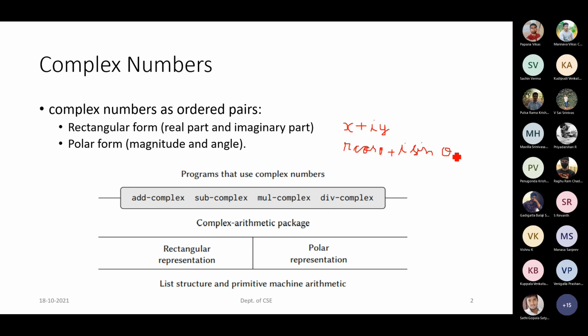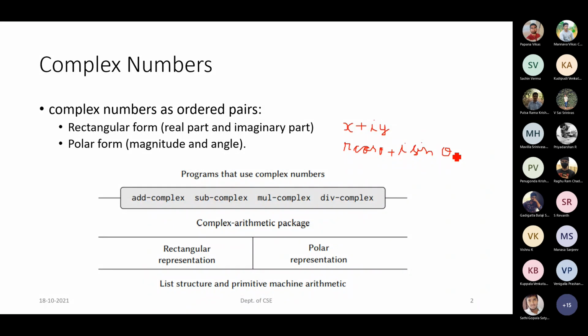we will be writing, for example, any arithmetic operation, adding two complex numbers. What do we do? If it is in the rectangular form, you will pass the x1 value, x2 value, y1 value, y2 value, and add them up.